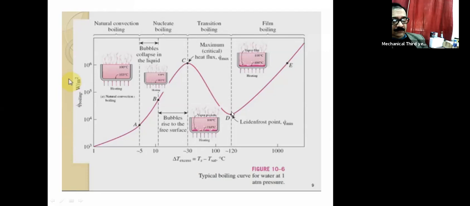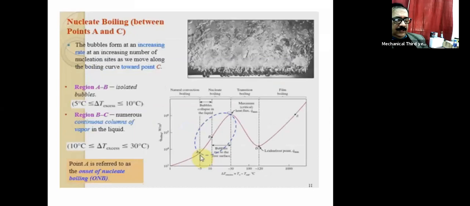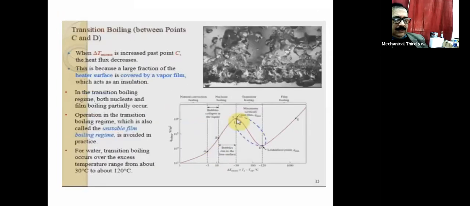What happens actually here, for your understanding, you can see the bubbles here. It is increased when we increase this excess temperature T excess further beyond this particular point C.